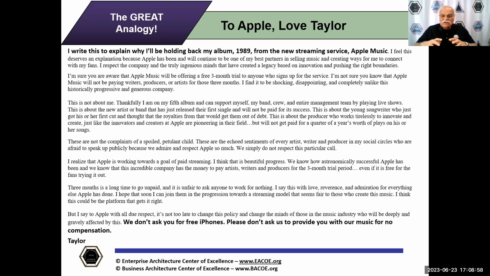So we are going to compensate the artists for the next 90 days for the music that is being downloaded while this trial is going on to the general public. The general public, we will absorb that cost, but to the artists, we will pay you for that period of time. That's what we have to recognize is the issue right now.